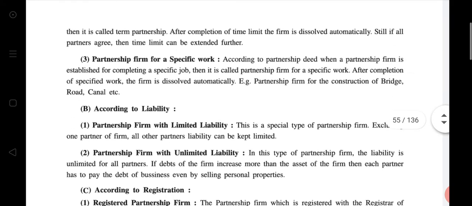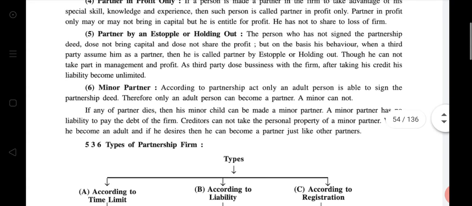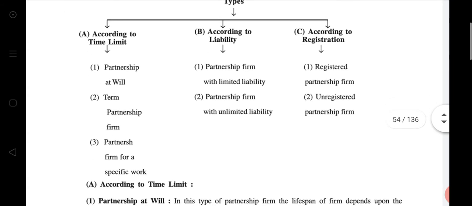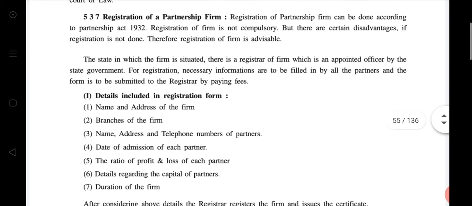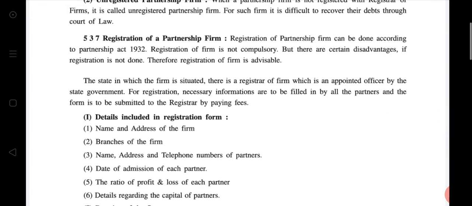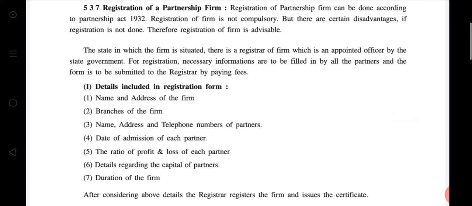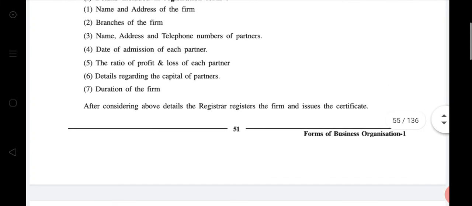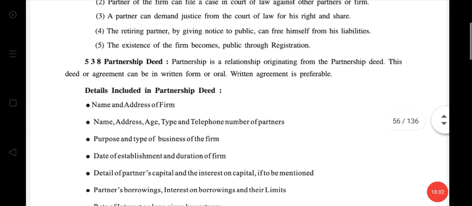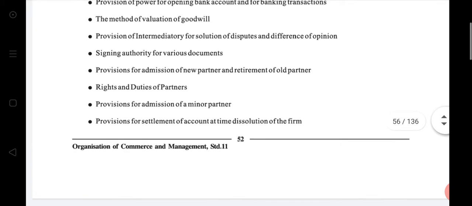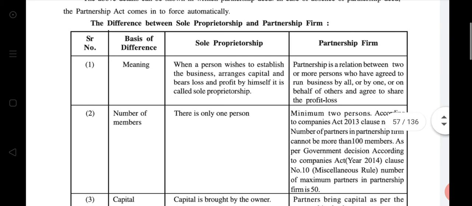So in today's lecture we studied types of partnership firm, then registration of partnership firm, details included in the registration form, then advantages of registration of firm. And the next topic will start in the next lecture, that is partnership deed and the details included in it, and also the difference between sole proprietorship and partnership firm.